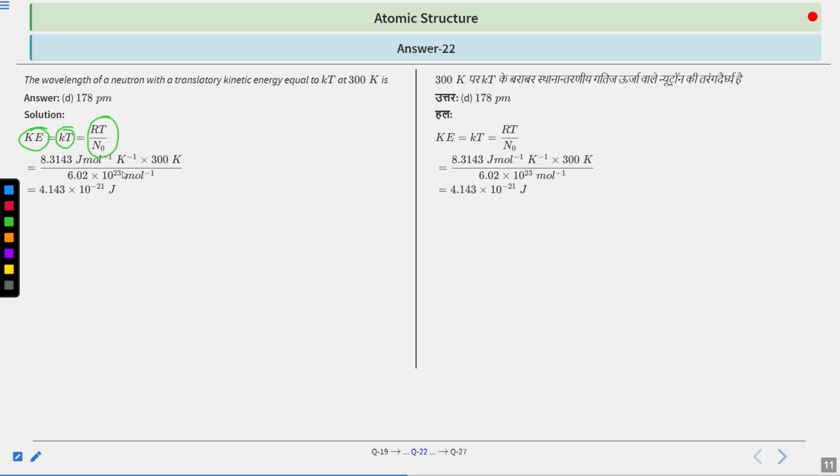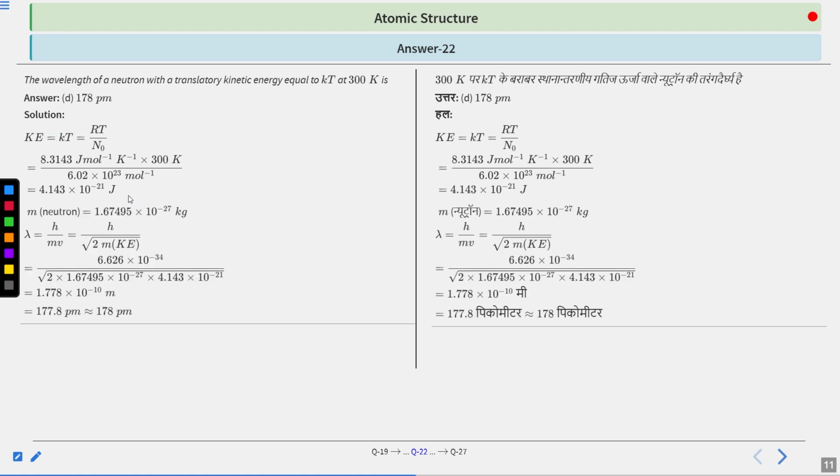If you put in all these values, temperature 300 Kelvin, R 8.3143 joule per mole per Kelvin, and 6.022 into 10 to the power 23 per mole, then we will get 4.143 into 10 to the power minus 21 joule. Okay, so this is your kinetic energy value.